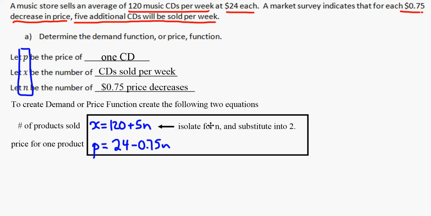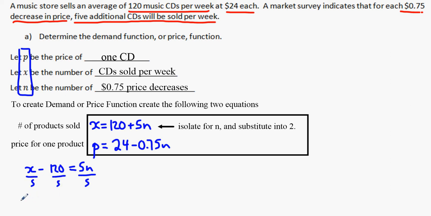So with these 2 equations, in the first equation we're going to isolate for n, and then substitute it into the second. So let's do that. Here we go. For n, I'm going to isolate it. I'm going to have x minus 120 equals 5n, then I'm going to divide all the terms by 5. Divide by 5, divide by 5, divide by 5.